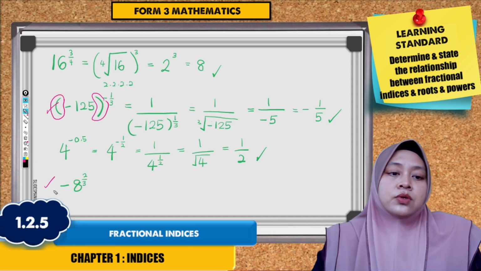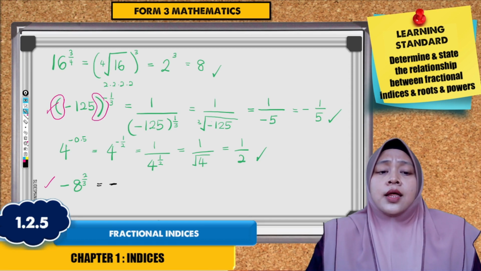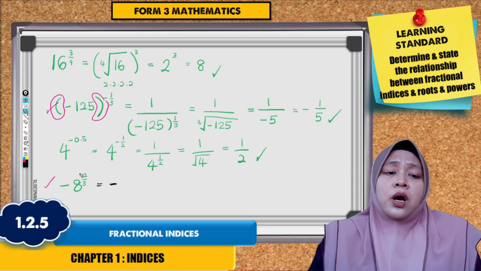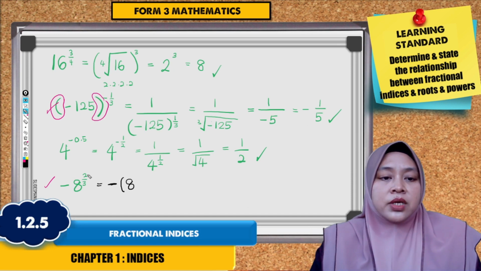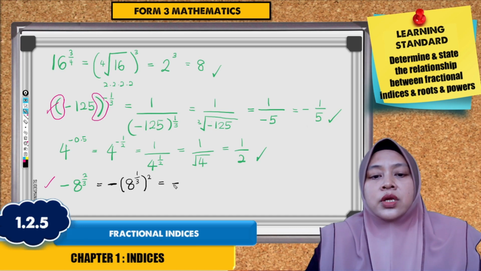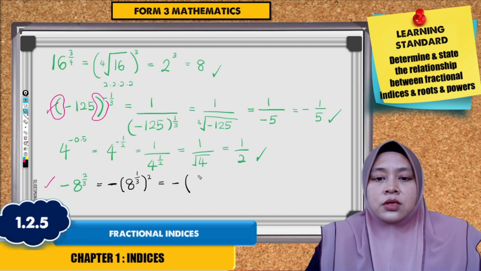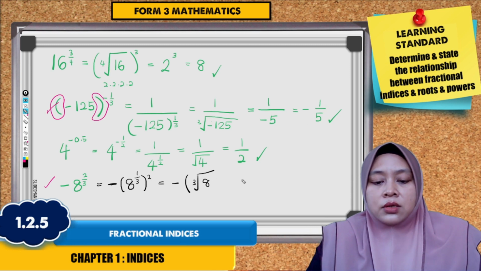I want to show you. For this type of question, you must put the negative outside. This negative does not need to be raised to the power of 2/3. So you just put the negative outside and then 8 to the power of 2/3. You can do 1/3 first, so negative here, and then the cube root, because of the 1/3. So change to cube root of 8, and then square.